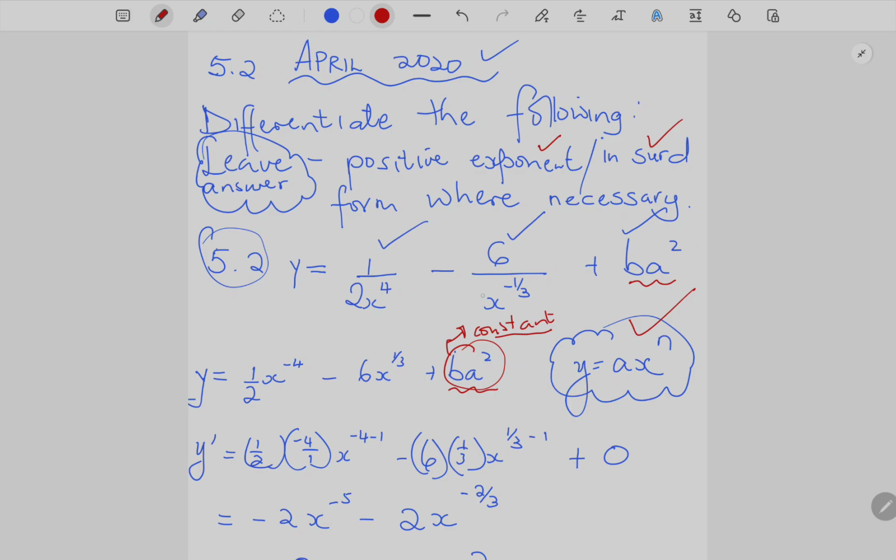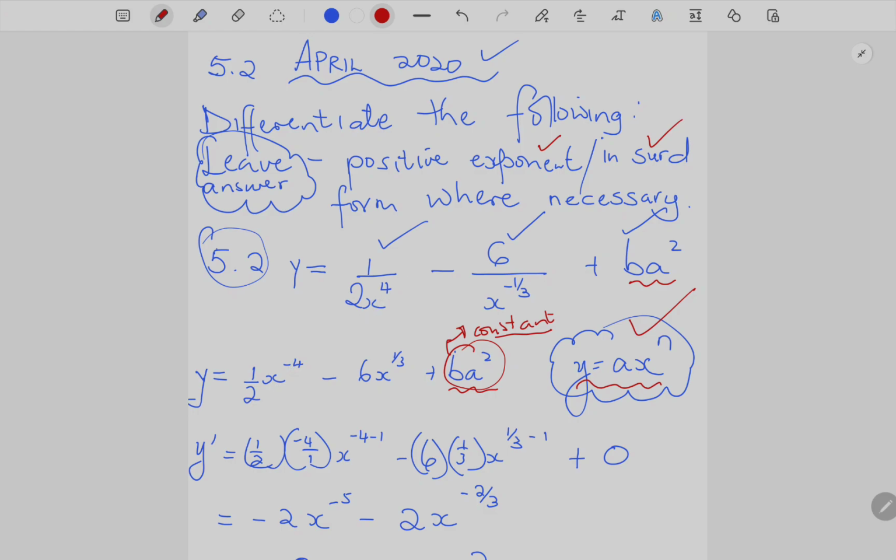For us to be able to differentiate these three terms, we must first rewrite each and every term in the standard form of differentiation, which is y is equal to ax to the power of n. So the first term was given as 1 over 2x to the power 4, so it's going to be y equals 1 over 2 x to the power negative 4.